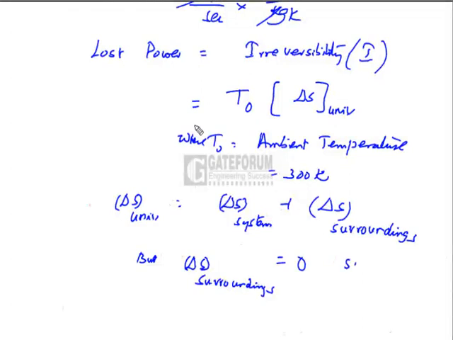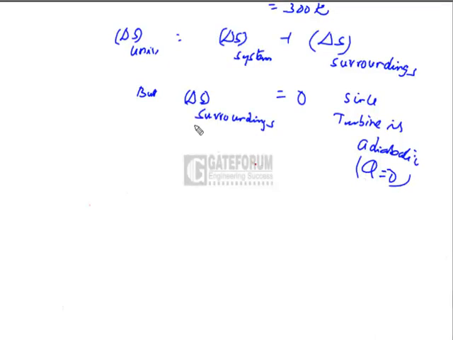Since the turbine is adiabatic, there is no heat transfer between the turbine and the surroundings. Therefore, delta S of the universe is nothing but delta S of the system, which we had calculated earlier.